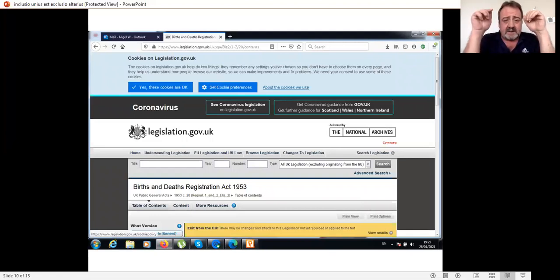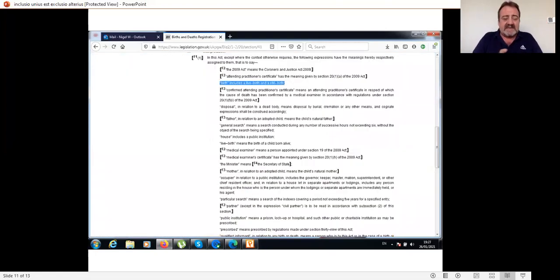Okay, and if you go to section 41, which is on the next slide, you will see that it says includes a live birth and a stillbirth. Well, how is that possible if Black's Law Dictionary states the inclusion of one excludes everything else? So you can't include two things. You can only include one thing because it excludes everything else.